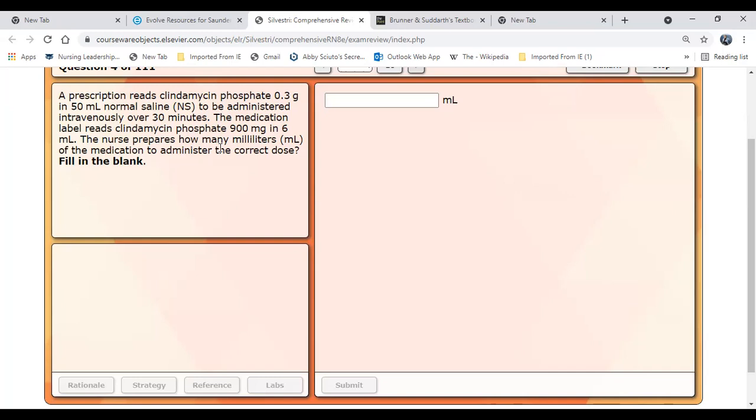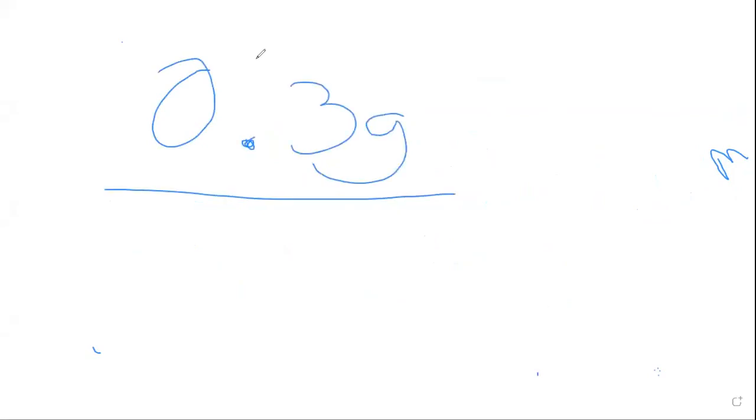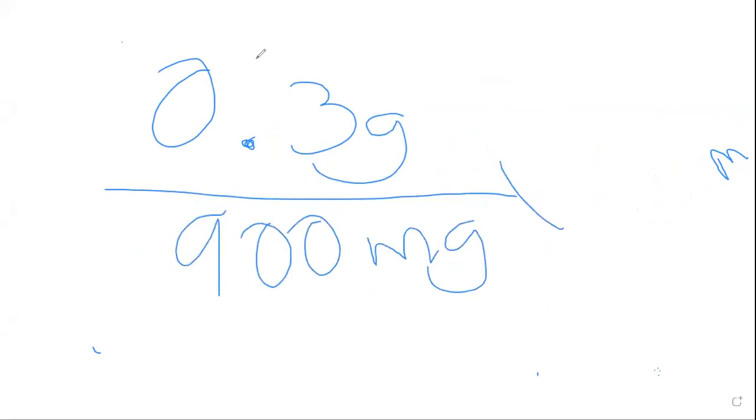Remember for this one, our order is 0.3 grams, and what we have on hand is the 900 milligrams per 6 mL.